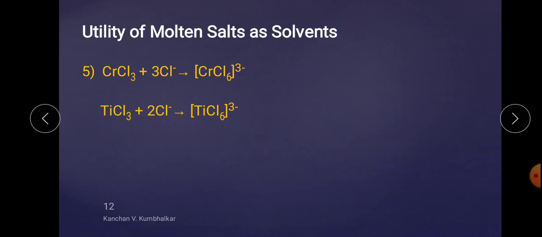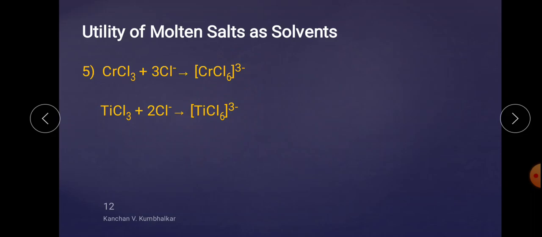If we want to prepare CrCl6 3- and TiCl6 3-, they exist in a very minute quantity in aqueous solution, so it is not a very good method to isolate them from aqueous solution.